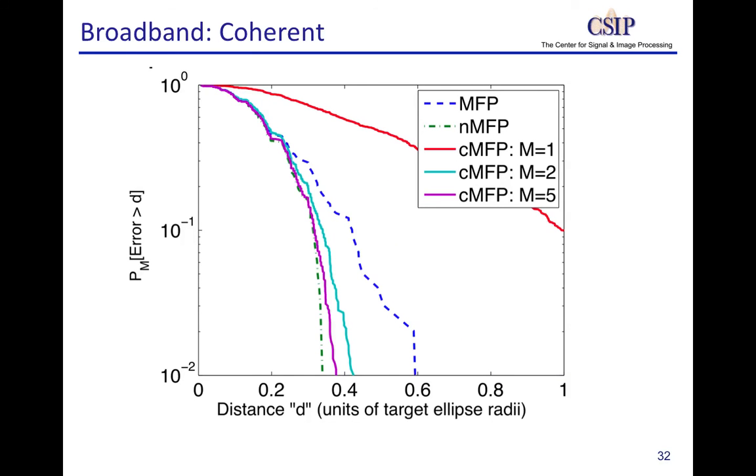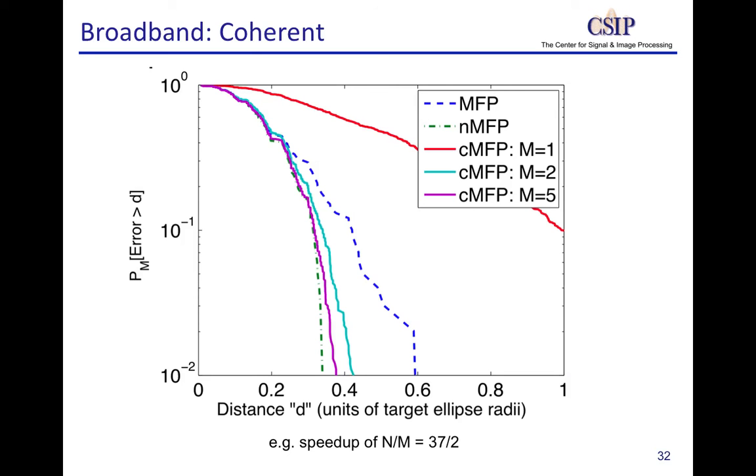Likewise, in the coherent regime, with only 2 measurements per frequency, we're able to mimic very closely the normalized matched field processing. This is the cyan line here. And this offers, again, a speed up of 37/2, so about a factor of 18 times faster.